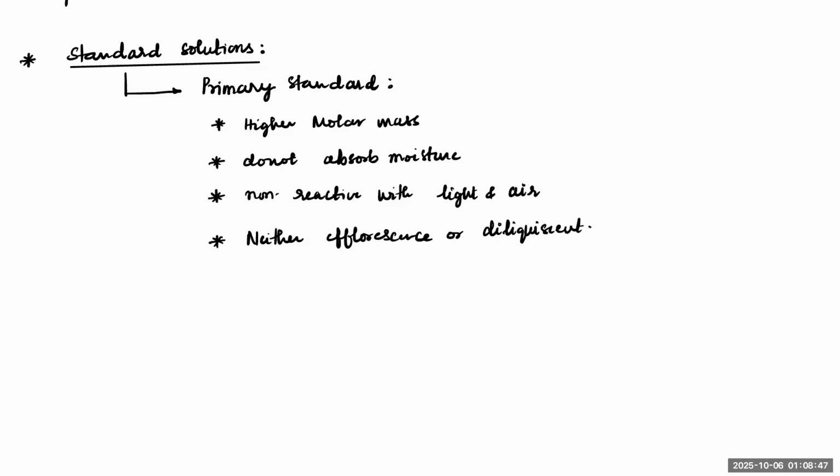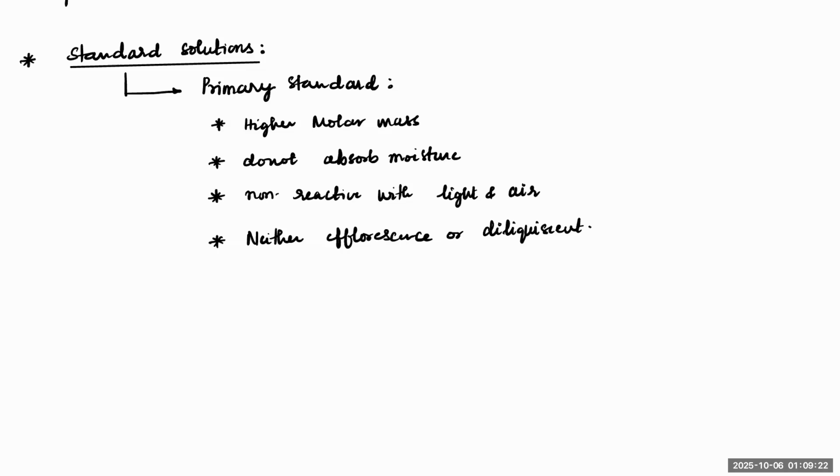Efflorescent is a compound which will lose water into the atmosphere. Got it? And deliquescent means which will absorb moisture from the atmosphere. For example, if I take common salt and keep it on a table, what would happen? It will slowly start absorbing moisture. But on the other hand, if I take zinc sulfate, which already has 7H2O with it, and keep it on the table, slowly it gets dry.